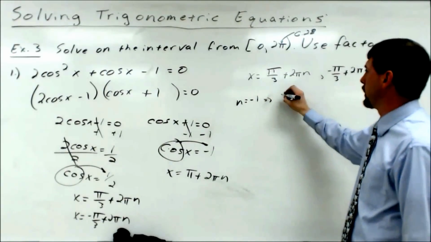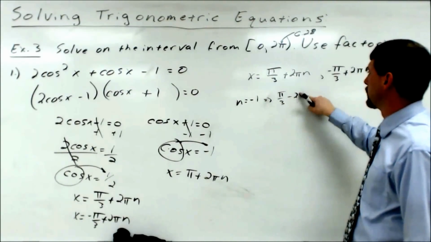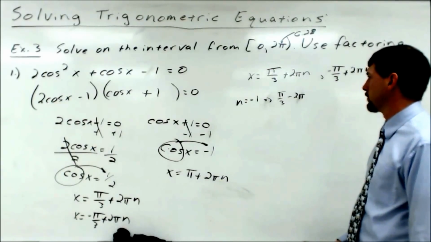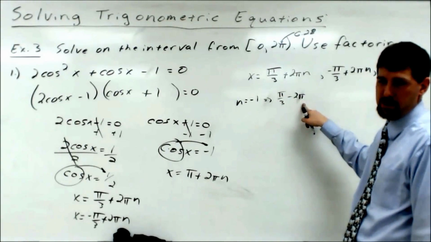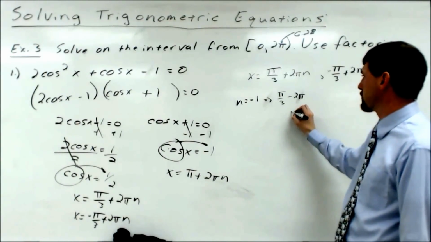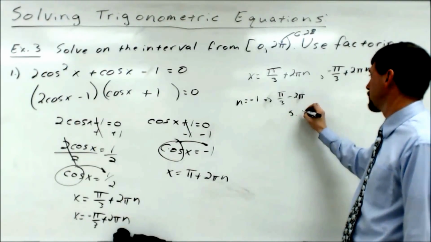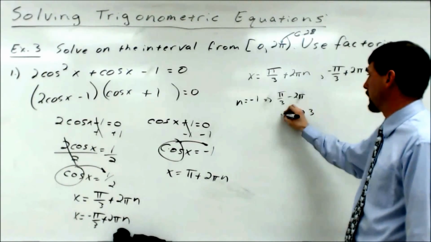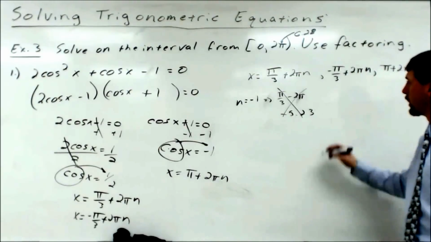So pi over 3 minus 2 pi. Obviously, it's not going to work because I got 1.05 minus 6.28. That's going to be approximately 5.23, -5.23. Doesn't fit in our interval, so it doesn't work.